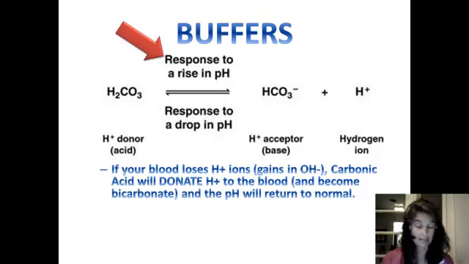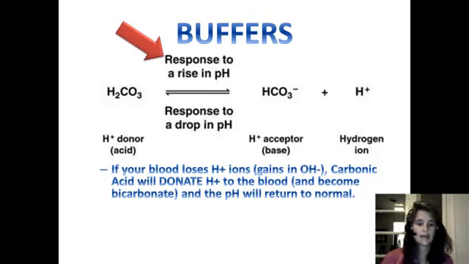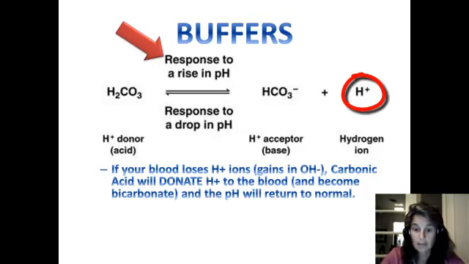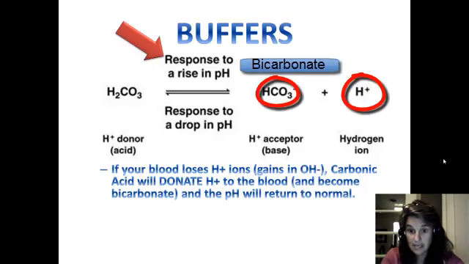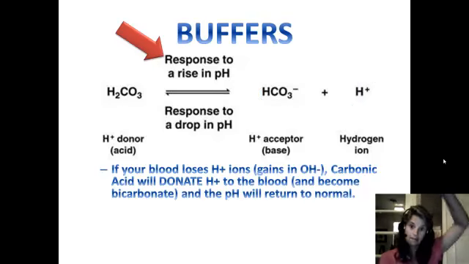Let's say somehow you got increased base in your bloodstream. Carbonic acid will break apart and donate hydrogen ions. It will become bicarbonate, HCO3- and extra hydrogen ions to try to balance out those OHs, and bring your blood back down to neutral pH.